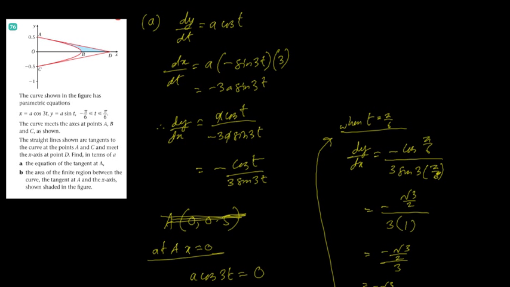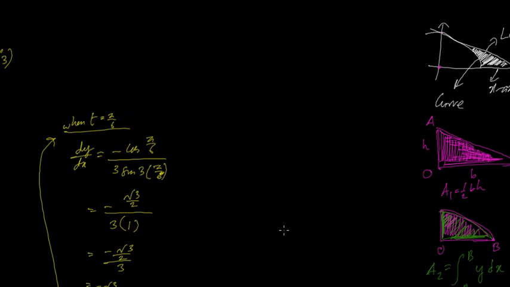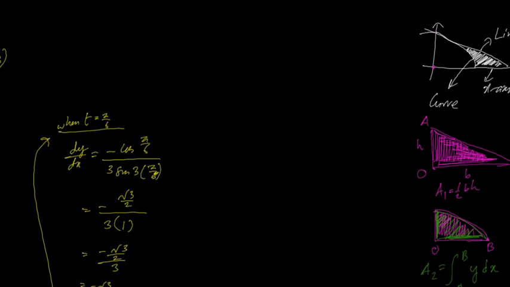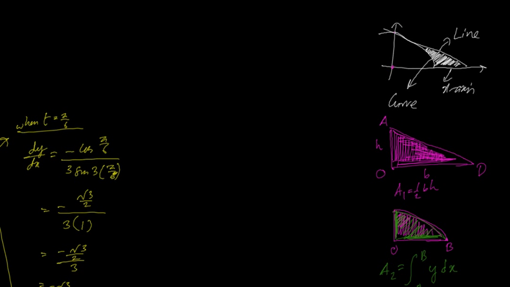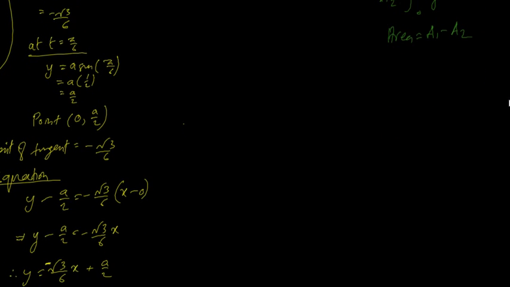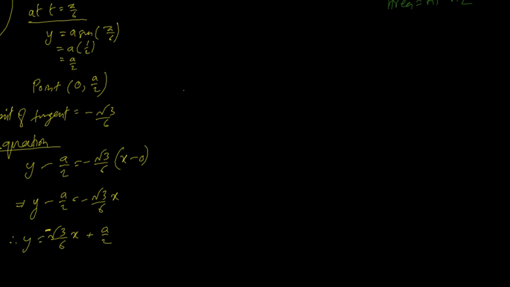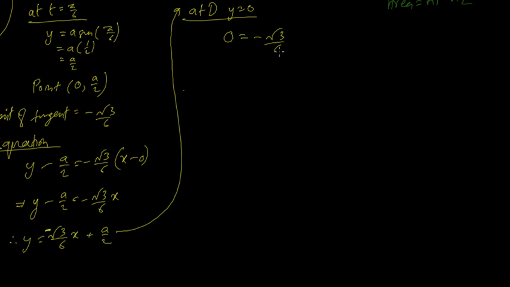We know the equation of the tangent is this one. At D, y equals 0, because D is on the x-axis, so y equals minus square root of 3 by 6 x plus a by 2.